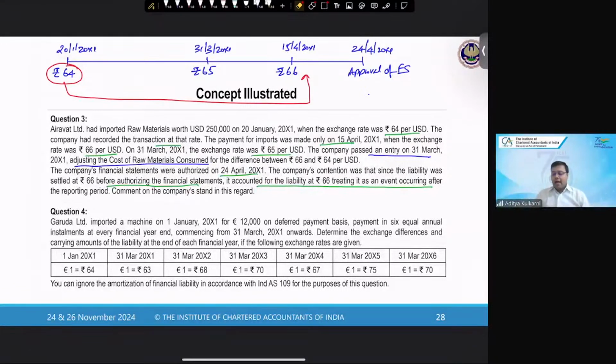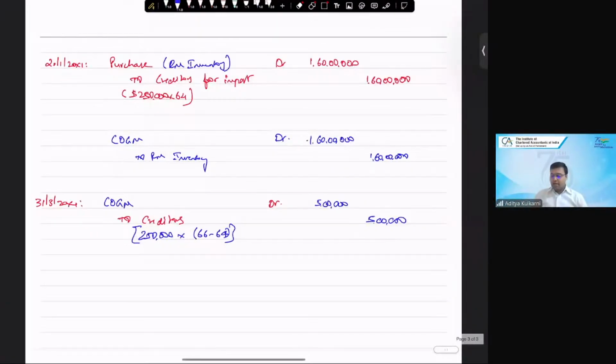See, I am settling my liability for 66. Number one. Second, my financials are approved after that. So the change in exchange rates, they are saying that it is an adjusting event. That is why they have taken this impact in your financial statements, and your financial statements are looking like this.